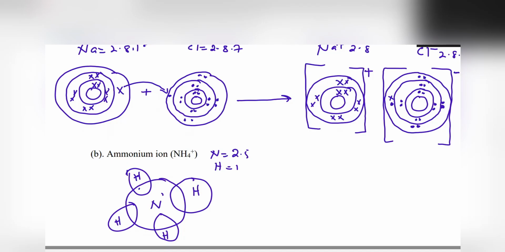Hydrogen has 1, and nitrogen will place 1. So we have removed 3 valence electrons from nitrogen. One of the hydrogens is always empty, and therefore it receives the 2 electrons from nitrogen, so that both of them are satisfied. And in this case, the net charge on the ammonium ion will be positive.